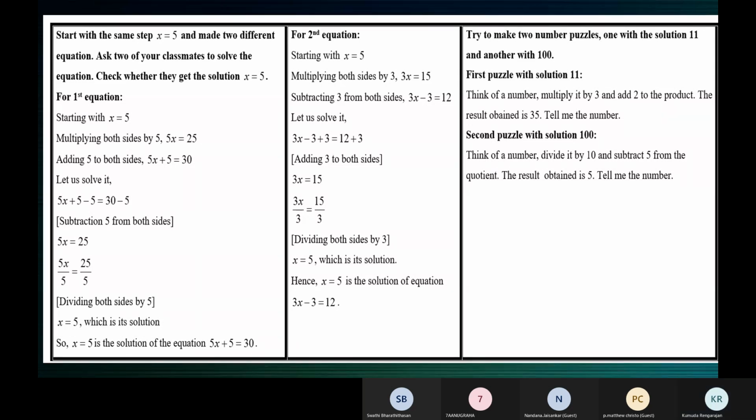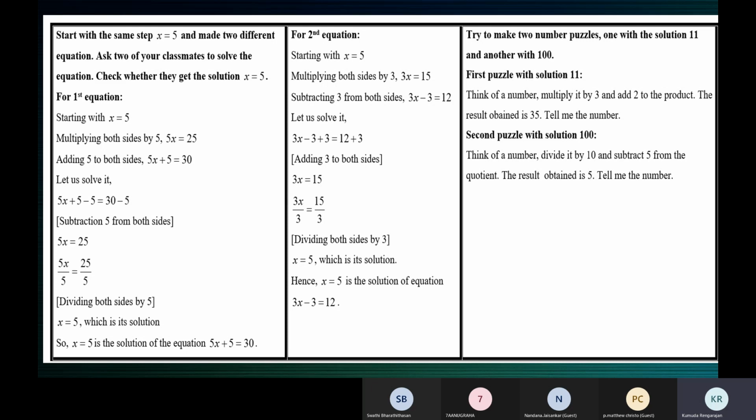Third puzzle with the solution as 25, ma'am. Think of a number divided by 5 and subtracted by 5 from the quotient. The result which you get is 0. Yeah, correct, you're right, Swati.